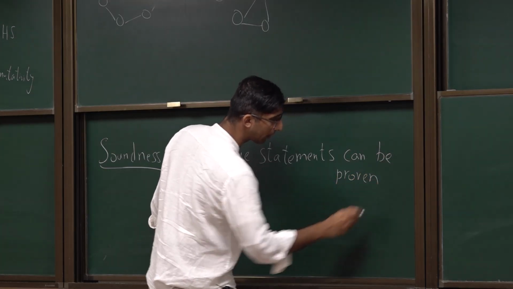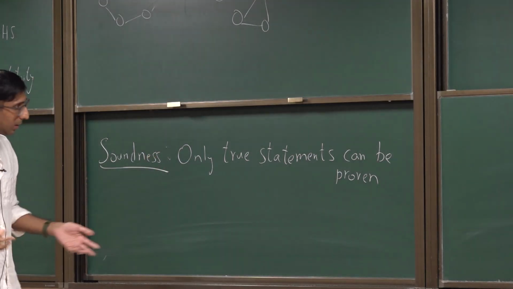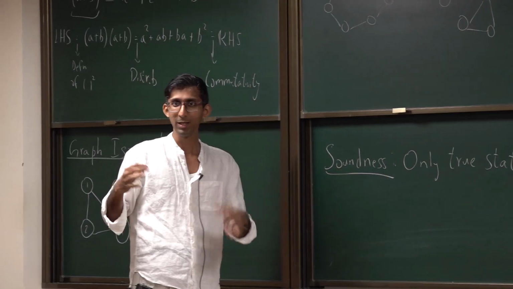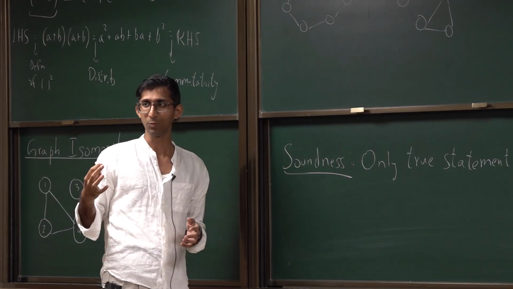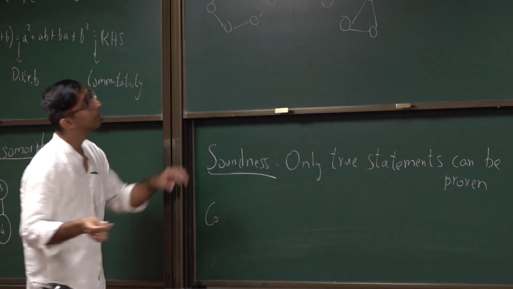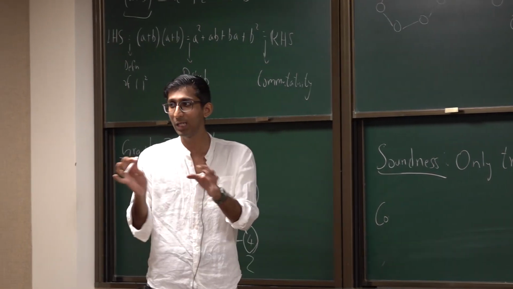If I am able to give you a proof, and whatever verification procedure you have tells you that the proof is correct, then the statement that the proof is proving has to be true.